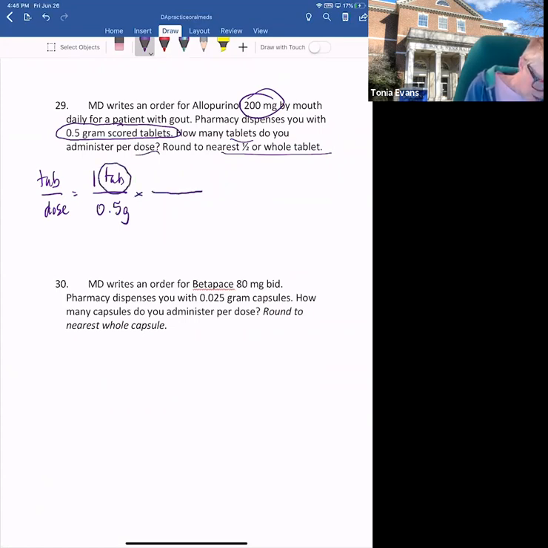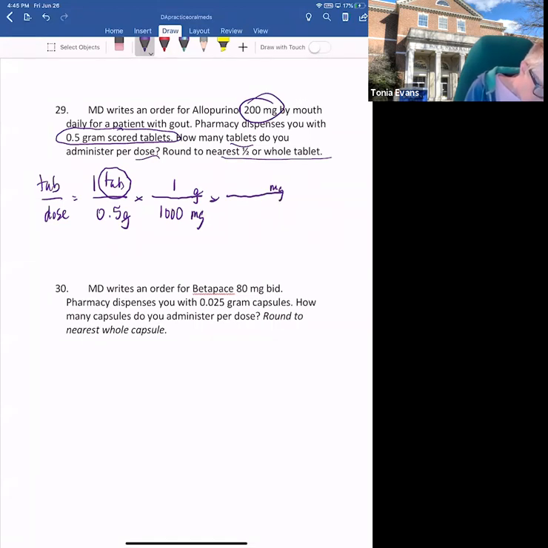Got tablets covered there. My order's in milligrams, so I'm going to have to convert grams to milligrams. So 1 gram is 1,000 milligrams. Grams canceled out. We'll go to milligrams next, and my order is for 200 milligrams daily, and it looks like there's only 1 dose per day, so that's 200 milligrams per dose.